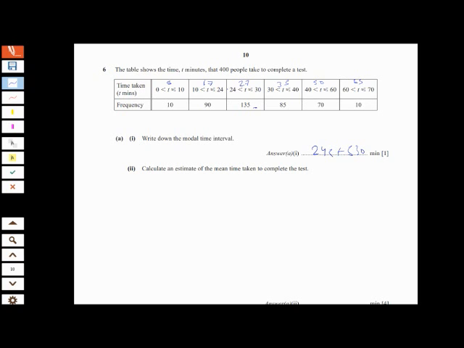Then multiply the average time by the frequency and add them all together. Then divide all by 400, which is the total number of people. And that's how you can find the mean time.